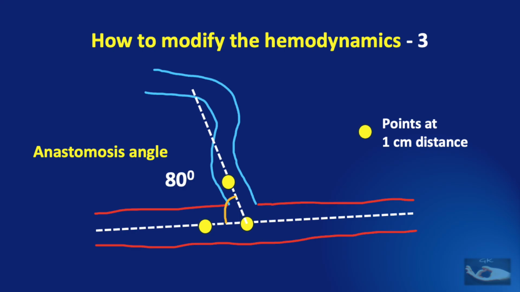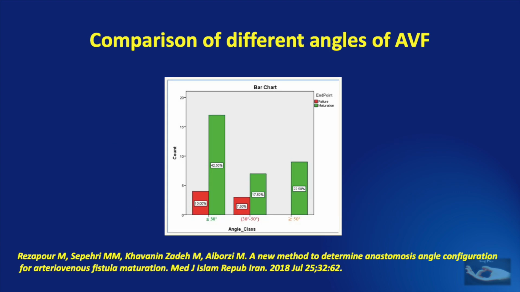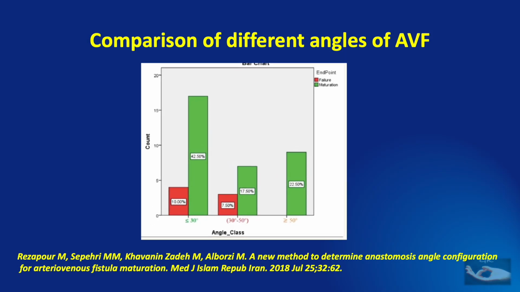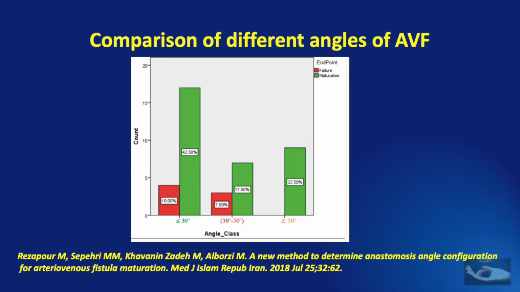For example, in this diagram that I have shown, this angle, that is the anastomosis angle, is 80 degrees. Less than 30 degree angles, 30 to 50 degree angles, and more than 50 degree angles were compared. It was noted the proportion of AV fistula maturation after the anastomosis was better in the less than 30 degree angle.